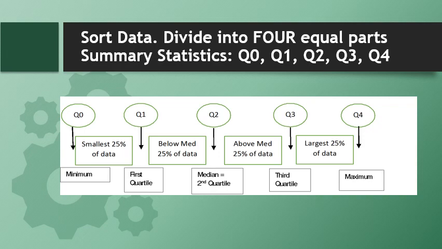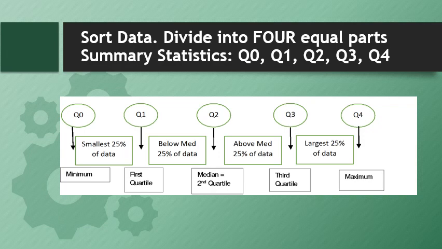The first quartile is the number which divides the smallest 25% from the next 25%. Then the median is the portion which divides the data into 2 equal halves. One half is below the second quartile or the median, and the other half is above the median.